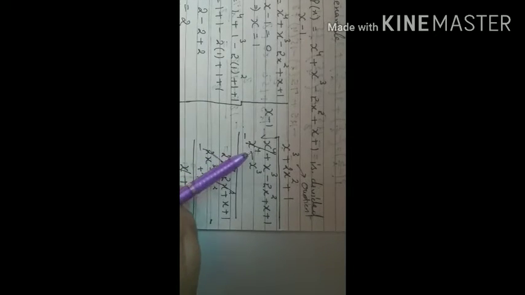After changing the sign, positive x^4 and negative x^4 are cancelled, and x cube plus x cube is equal to 2x cube. Clear? And the other terms remain the same: minus 2x square plus x plus 1.